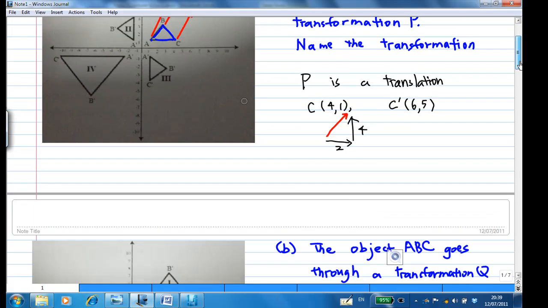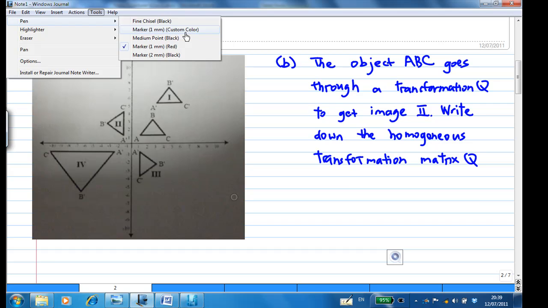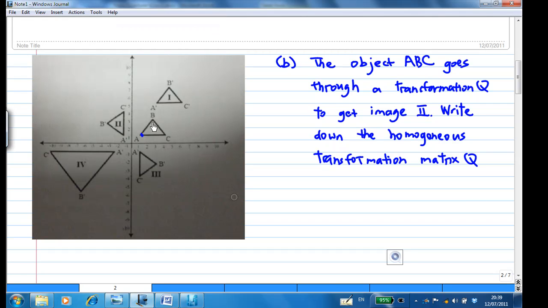Part B. The object triangle ABC, as shown here, goes through a transformation Q to get image 2, which is here, A prime, B prime, C prime.